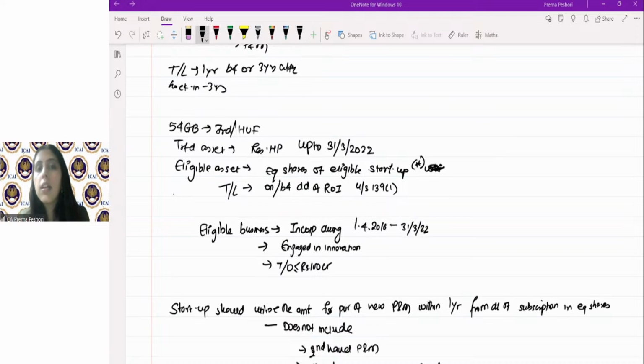If the amount is not utilized for the purchase of new plant and machinery within the period specified, then the amount of capital gain which is exempted shall be charged to tax under section 45 as the income of the previous year in which the 1 year from the date of subscription expires.